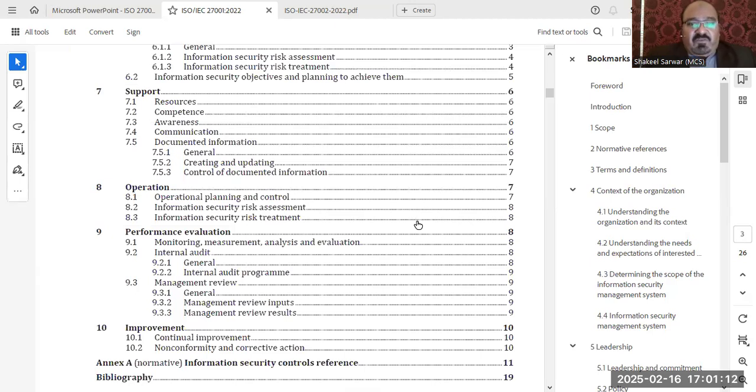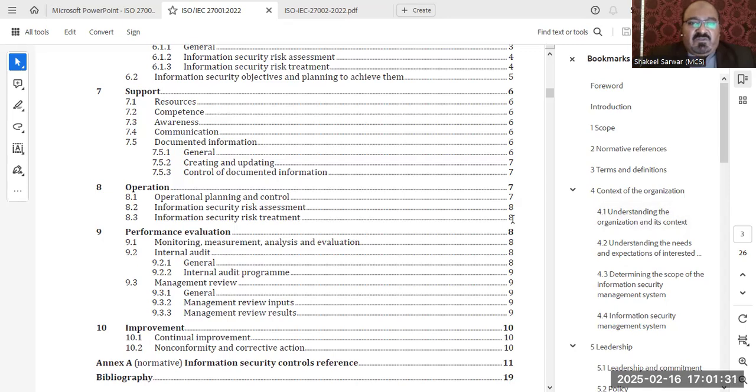And we have operations, operational planning and control, information security risk assessment, information security risk treatment, performance evaluation, monitoring, measurement, analysis, and evaluation, internal audit, management system review, and improvement, continual improvement, non-conformity and corrective actions, and then Annex A.